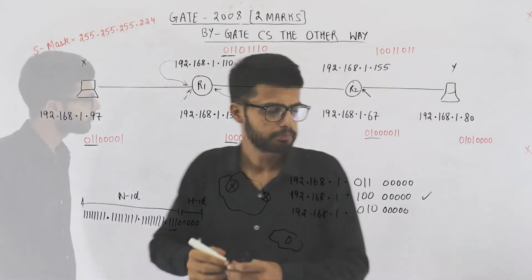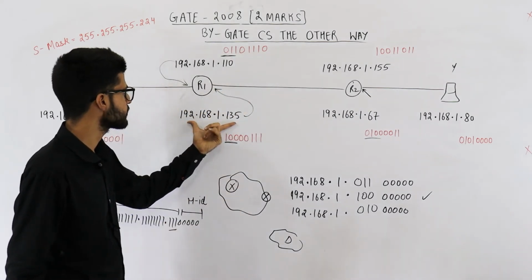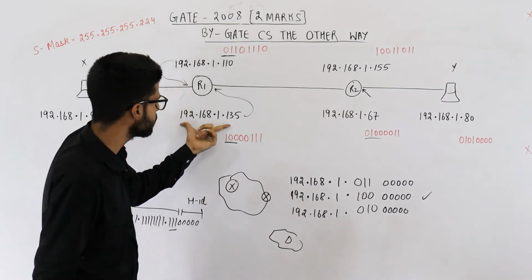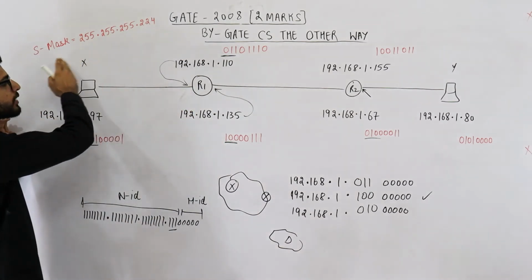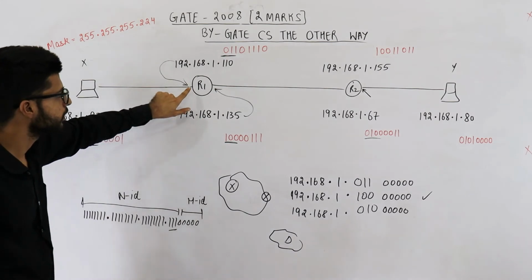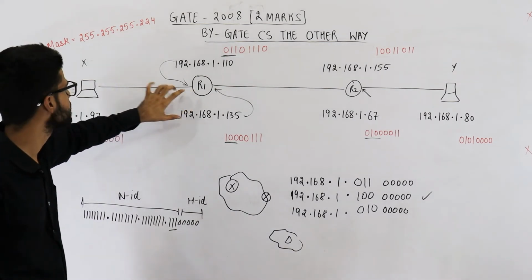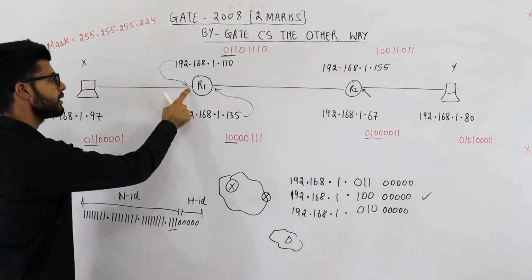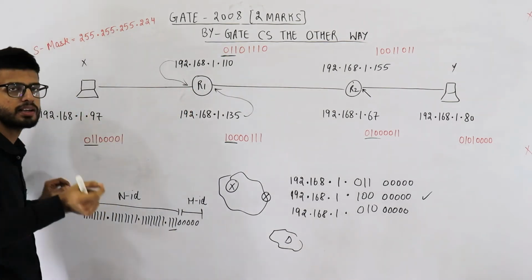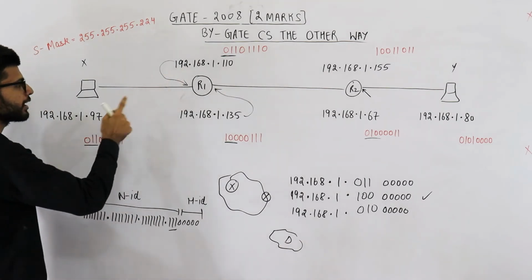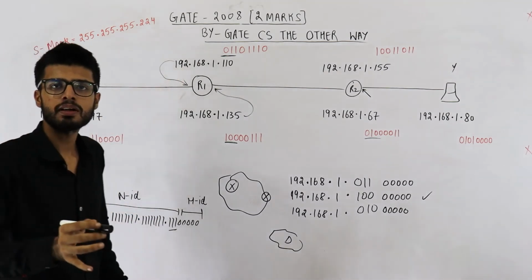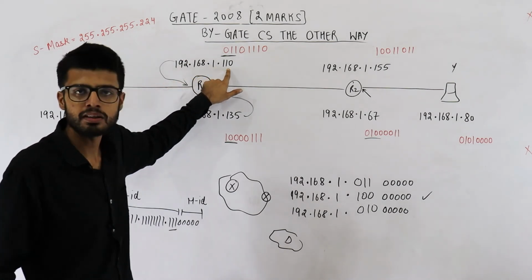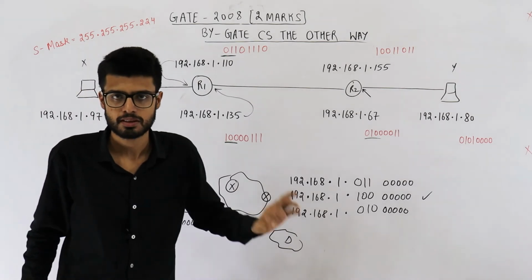Because this IP address can never belong to this interface, since it is simply not a part of this network. This interface will get an IP address from this network only. That means this IP address's network ID and this IP address's network ID have to be the same, because both of them belong to the same network. So the default gateway for X will be 192.168.1.110. This is the answer to the second question.